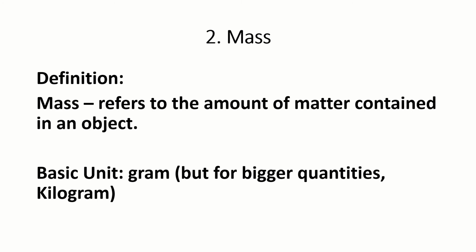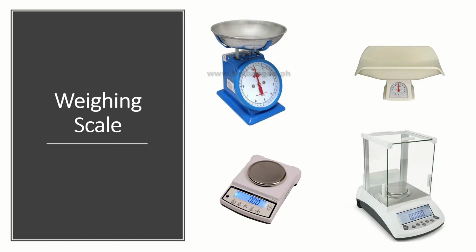For mass, so when we talk about mass, it refers to the amount of matter contained in an object. So the basic unit is actually a kilogram for bigger quantities, but sometimes if it's a smaller quantity, we use gram. So the tools that we usually know are the following.